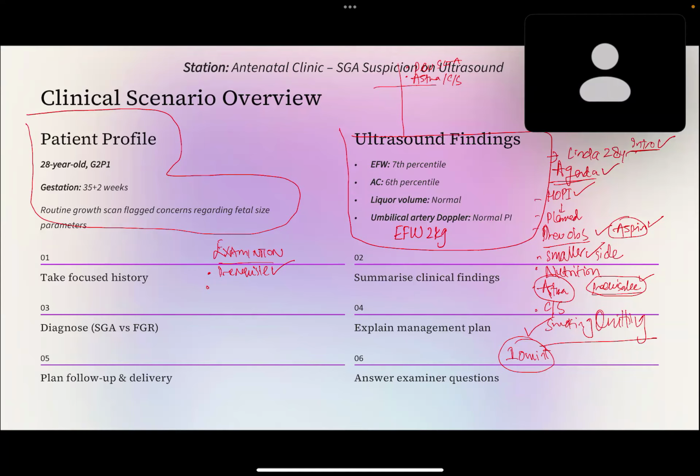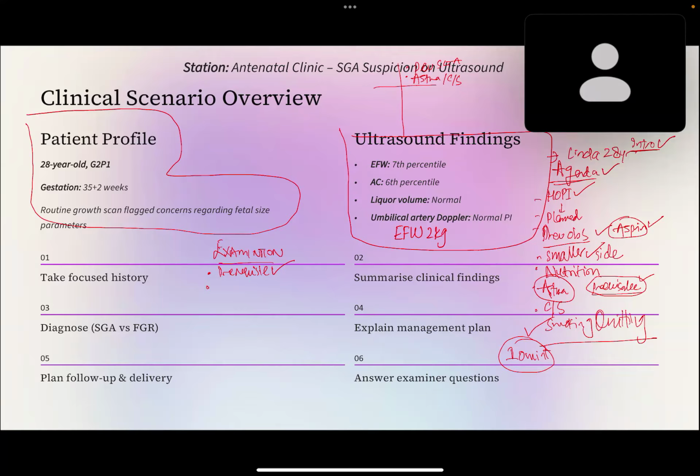I would look at the lie, and as she is 35+2, I would also check the fetal lie and the presenting part. She doesn't have any complaints of per vaginal leaking or bleeding, so I wouldn't do the vaginal examination.